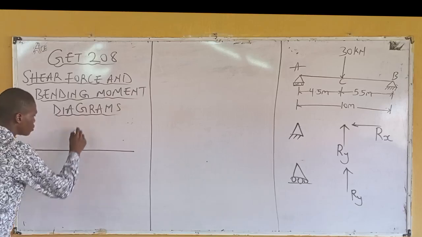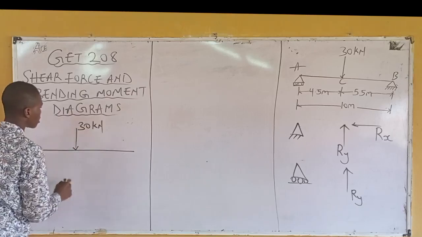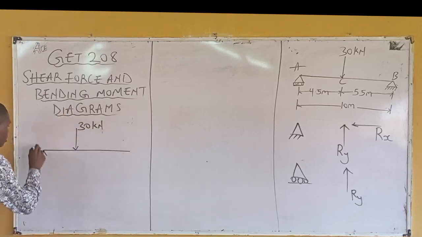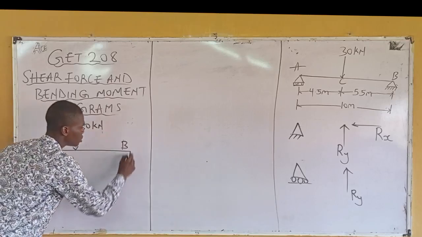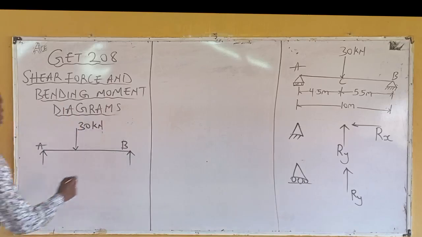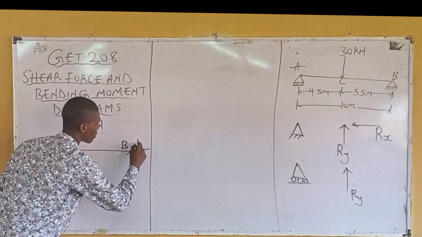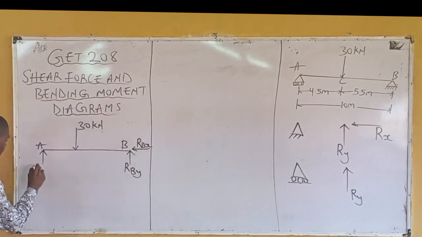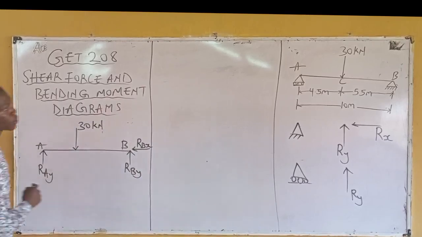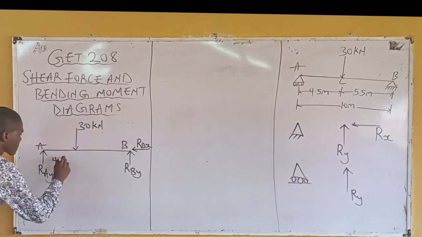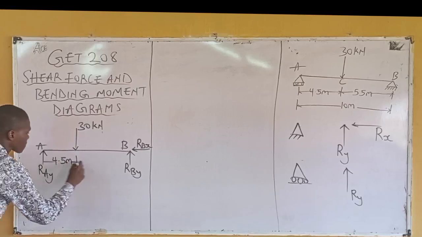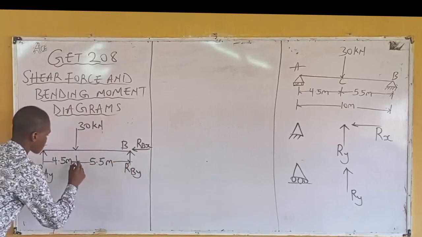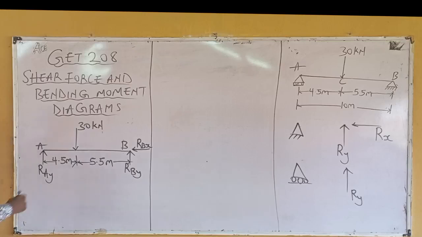So this is 30 kilonewton. This is A, this is B.